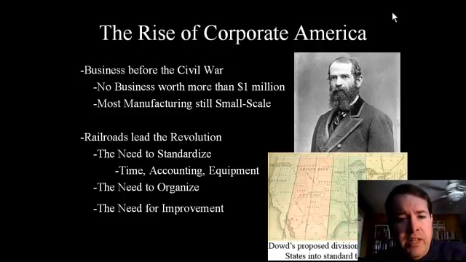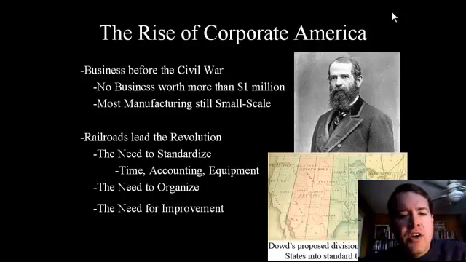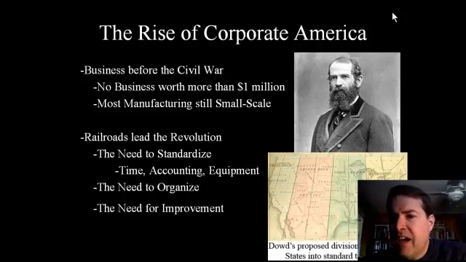Now, what is a publicly owned corporation? A publicly owned corporation is where a single person, or even a partnership, is not the controlling interest. The controlling interest are the shareholders. And at this time, you don't see very many, if any, economic entities that are publicly traded, that is, that have shares or stock.